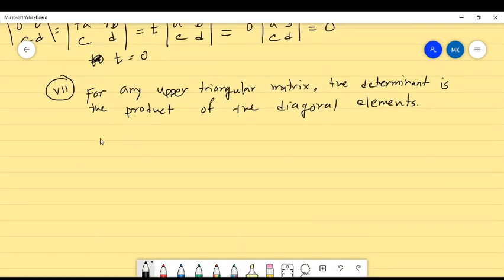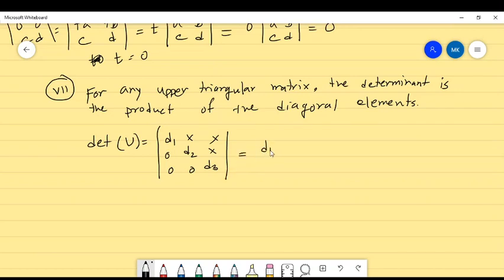So suppose you have a triangular matrix as this: d1, d2, d3. So you have some values here, some values here, which are non-zeros, some values here, and you have zeros here. Okay. So the determinant of this matrix would be d1 into d2 into d3. Alright.